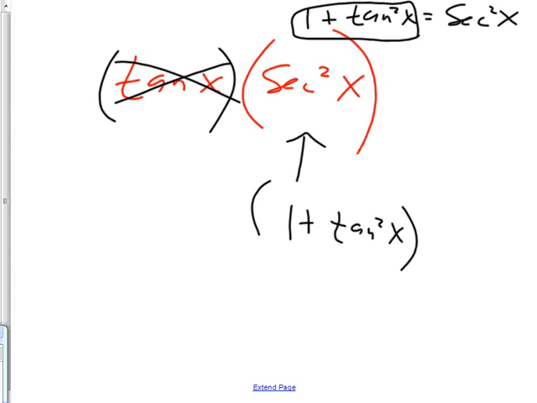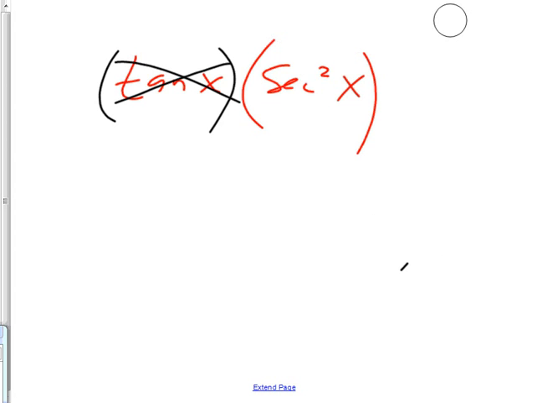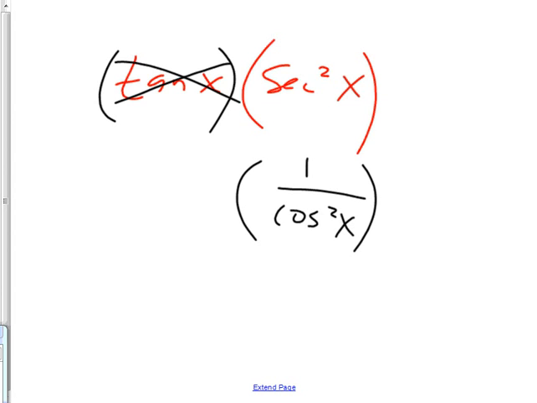On this one, I'm not going to actually finish it. I'm just trying to show you options. What could I put in? That's an option. What else could I put in for secant? Whether it's squared or not, I can put in its inverse. 1 over what? 1 over cosine. Okay, notice that if it's squared, this one will be squared.